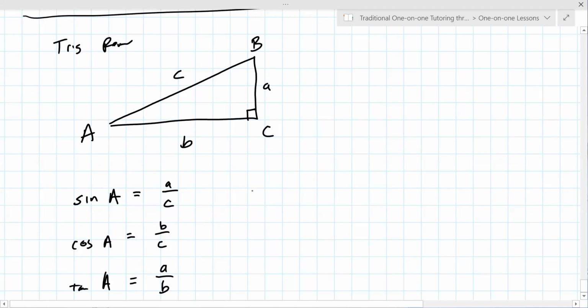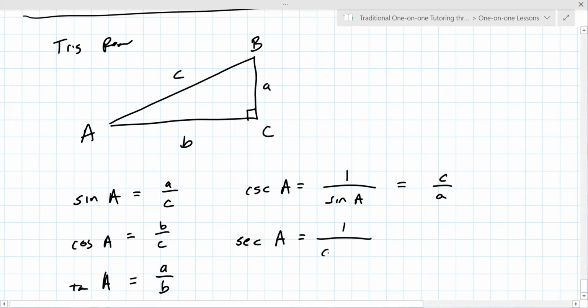Now I mentioned this before: cosecant of A is 1 over sine A. It's the reciprocal of sine A, the flip of it. So it's C over A. Do you remember this from a previous class or maybe high school?